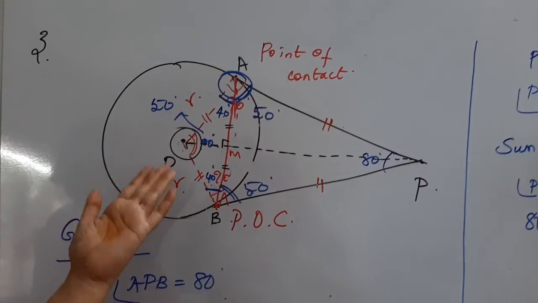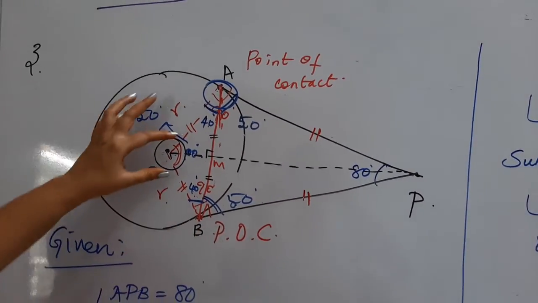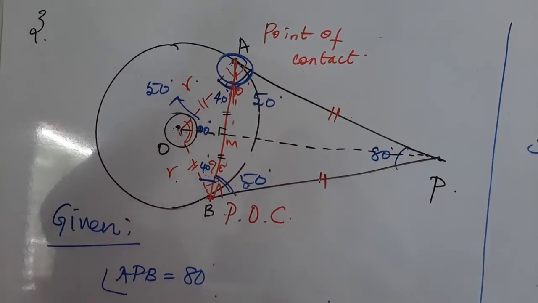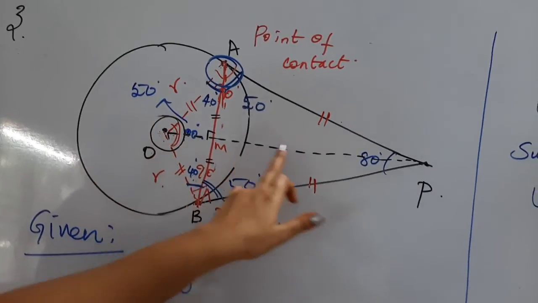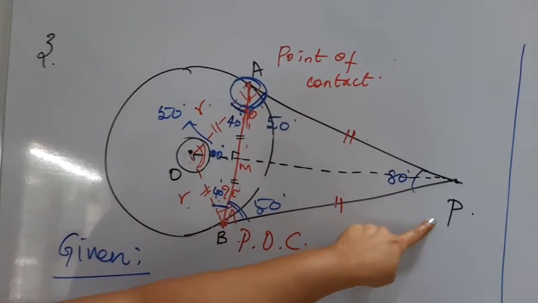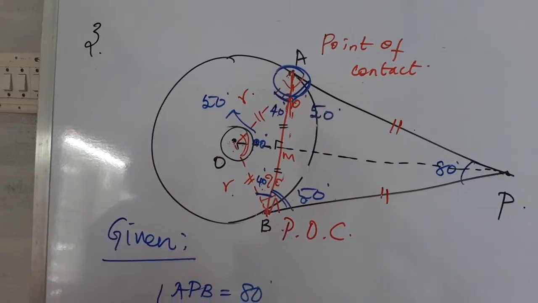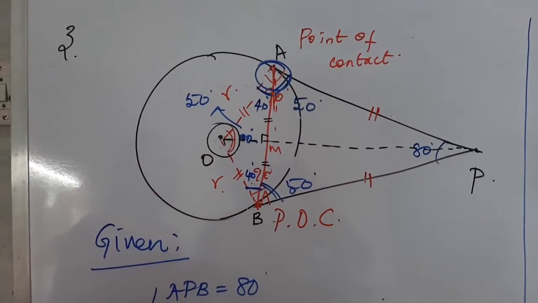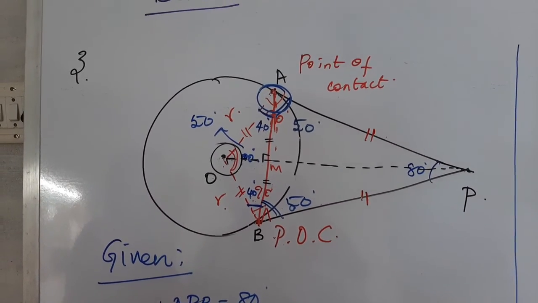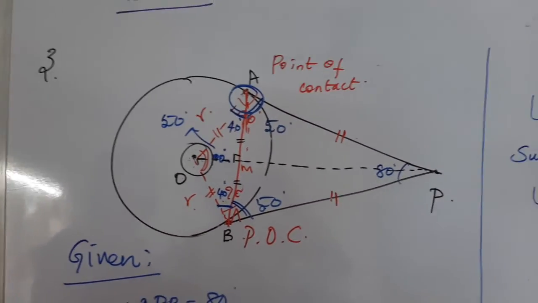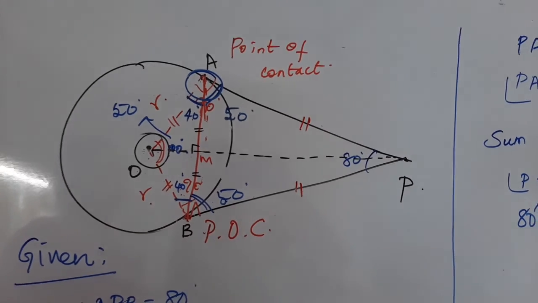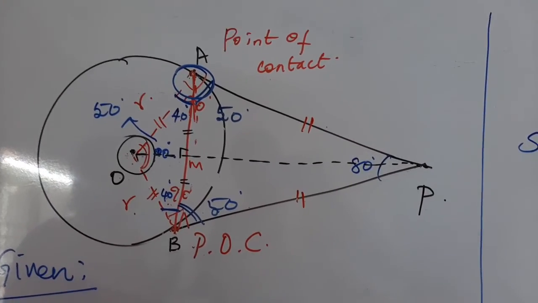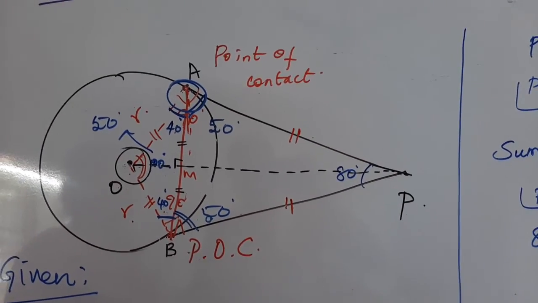Then what is the remaining? 360 minus 260, we will get 100 here. After finding this 100, draw the angle bisector and say that POA is 50. Suppose the same question is asked for 1 mark, go for the quadrilateral concept. Sum of the angles of the quadrilateral is 360. Three angles are given. The fourth angle we will find as 100. Then draw the angle bisector and find POA as 50 degrees.